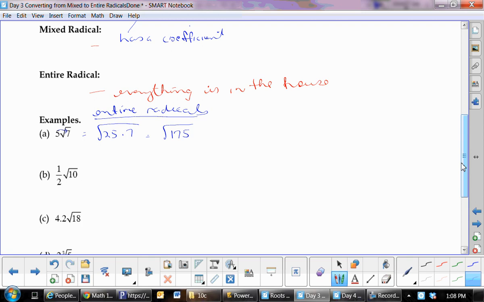Now, how about B? What would 1/2 be if it comes inside the house? 1/4, right? 1/2 times 1/2 is 1/4. Let's not be afraid of fractions. People are afraid of fractions.